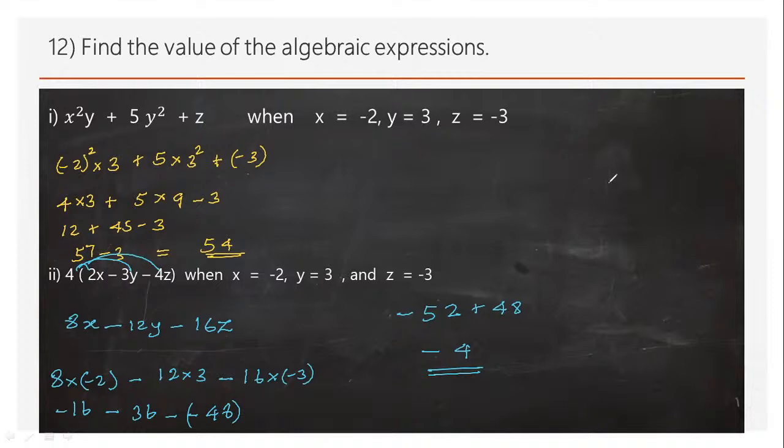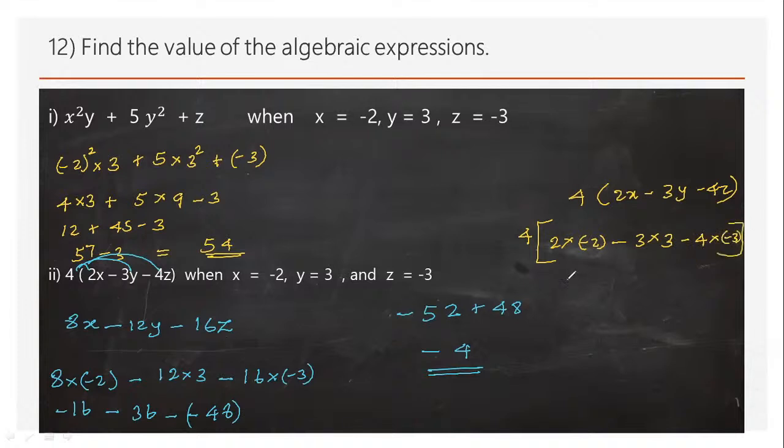Then 4, 2x minus 3y minus 4z. 4, don't remove the brackets here. Then 2 into x value is how much? Minus 2. Minus 3 into y value is 3. Minus 4 into z value is minus 3.